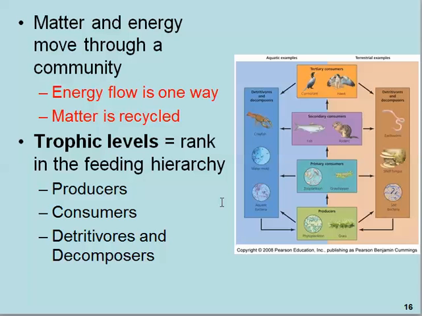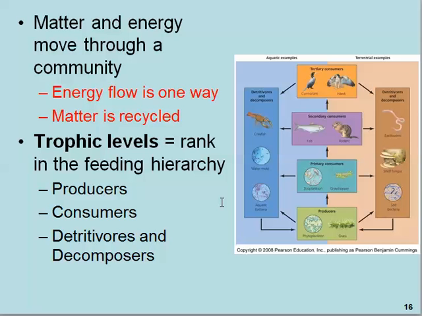So producers don't use just radiant energy, but they need to take in molecules. If you remember way back at the beginning of the semester when we talked about biological macromolecules, the lipids and the proteins and the carbohydrates and the nucleic acids and all of the different elements that were involved, primarily carbon, hydrogen, oxygen, and nitrogen, all living things need those.